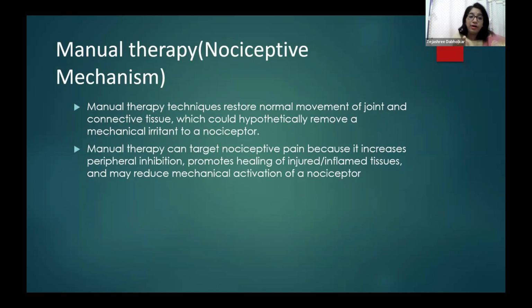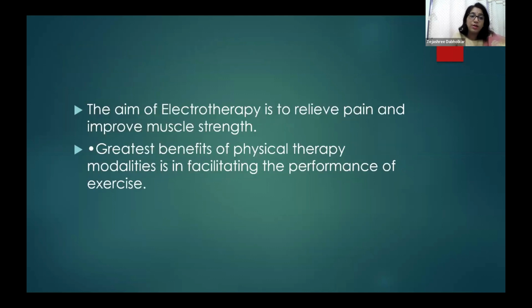So there's a peripheral inhibition which has been seen, and the soft tissues are getting healed. So the receptor irritation is also minimized. So manual therapy in case of nociceptive and in case of neuroplastic pain is very essential.